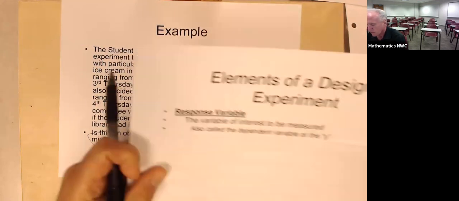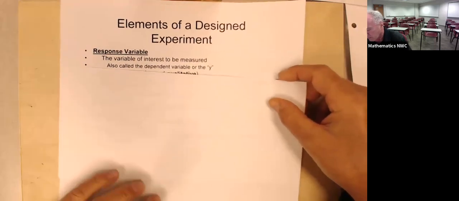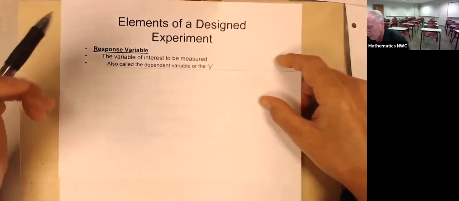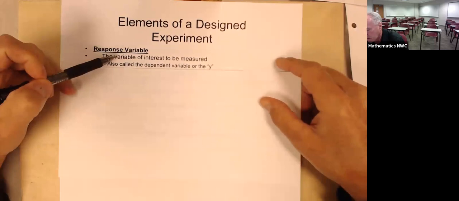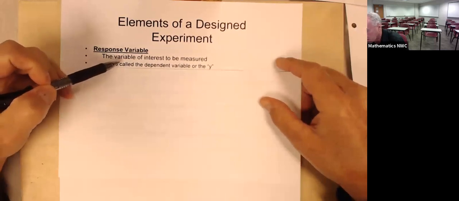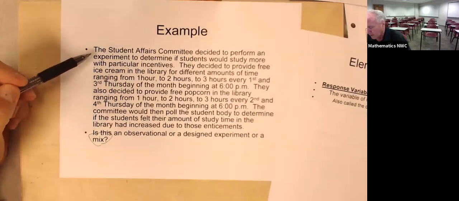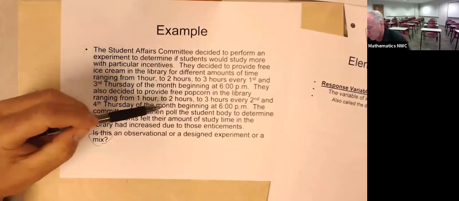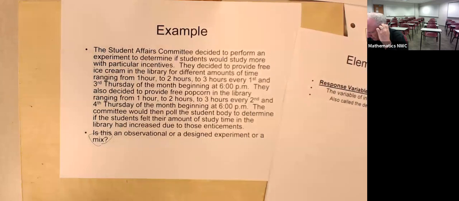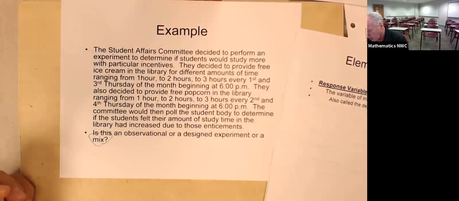Some terms that you should be familiar with. Response variable. It's the variable of interest we're trying to measure. It's called the dependent variable, oftentimes used as y. Well, in this example, think to yourself, what would be the dependent variable? You can pause and read it a few times if you want.